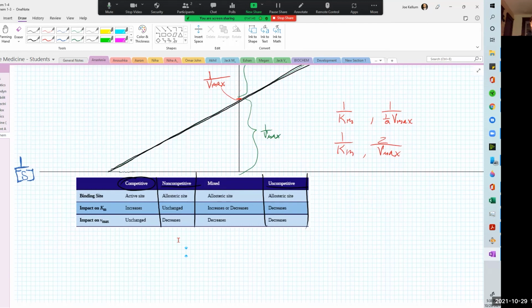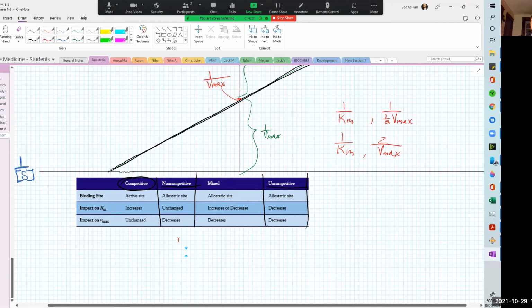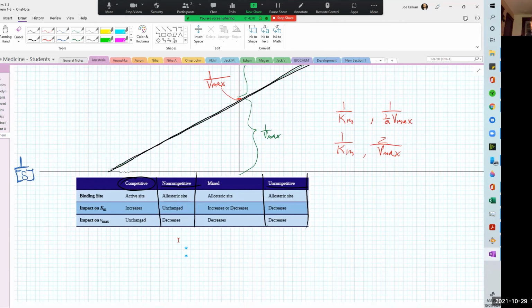So which one are the non-competitive inhibitors? I don't think it says on it. Non-competitive inhibitors bind equally well to the empty enzyme and to the enzyme substrate complex. It does both.